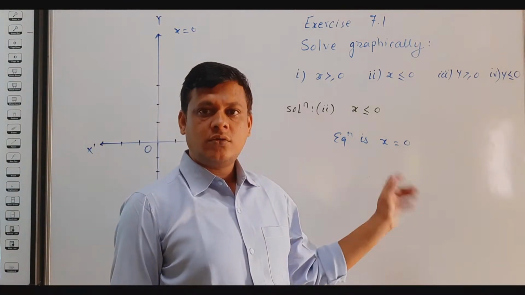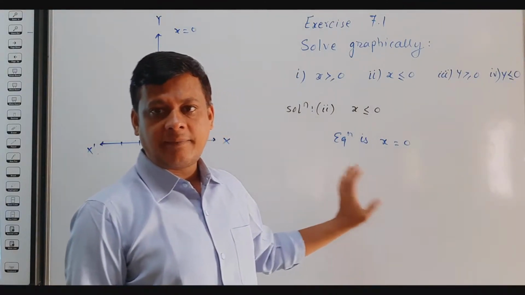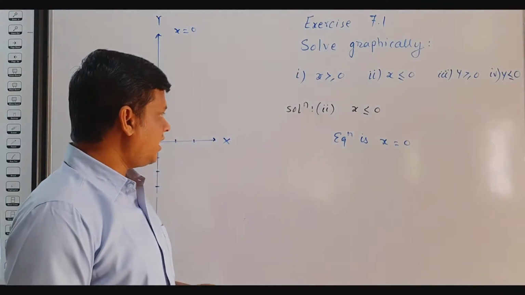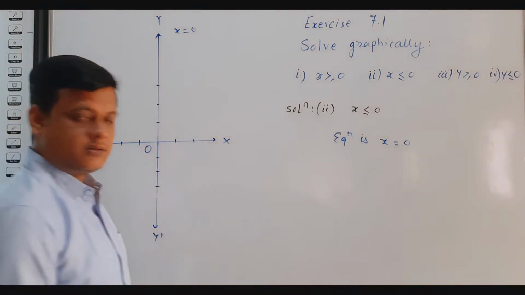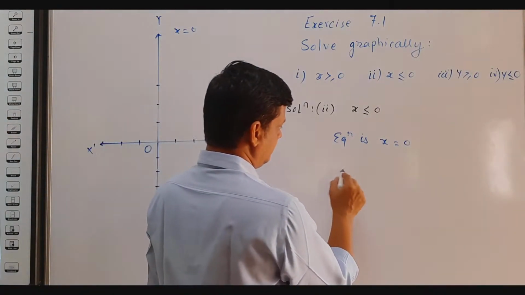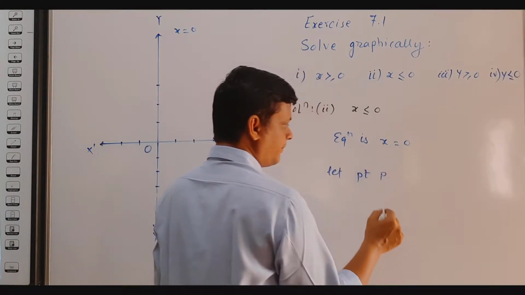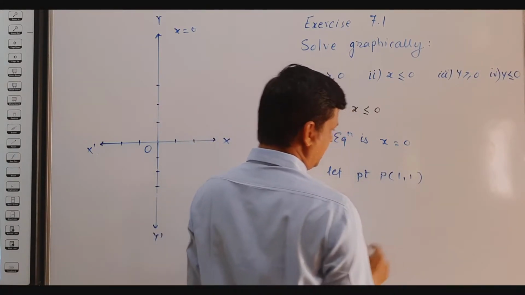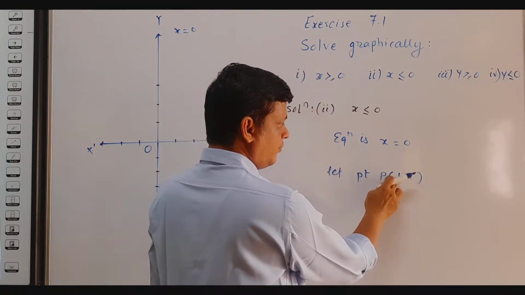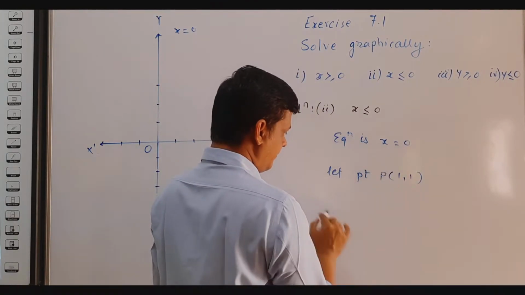Now we have to mark for the graphical solution. So we take the same point. So we check point P of (1, 1). So we put x is equal to 1 here.